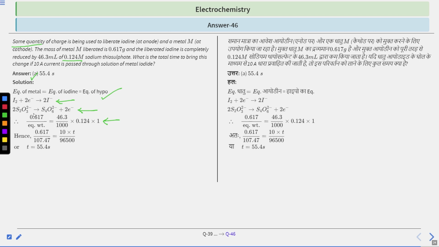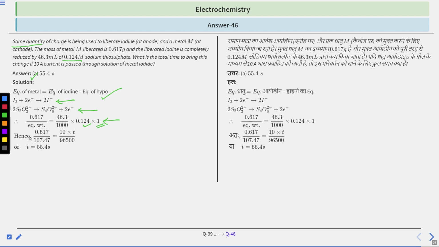Equivalents of metal is weight, 0.617, divided by the equivalent weight, which we have to find, and this equals the equivalents of hypo. Equivalents of hypo can be written as M times V times n factor. M is 0.124, V is 46.3 divided by 1000 in liters, and the n factor is 1.